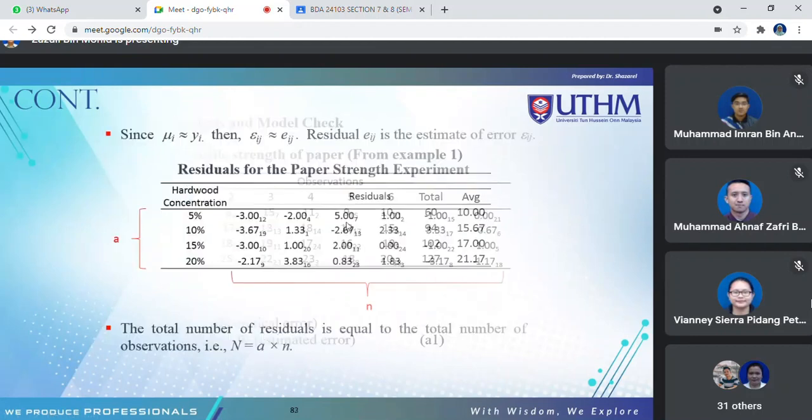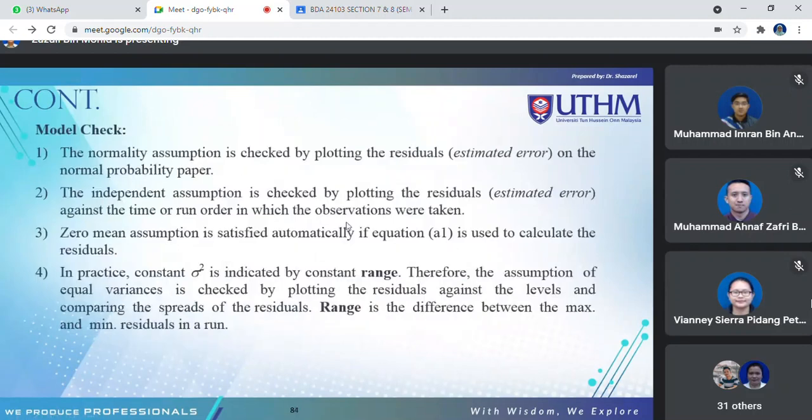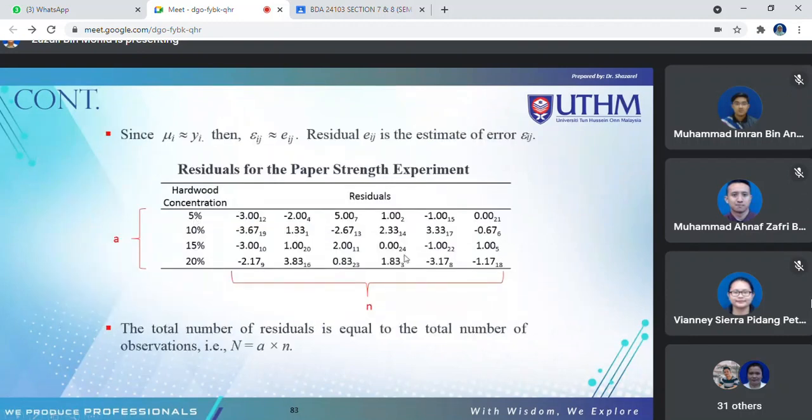The normality assumption is checked by plotting the residual, the estimated error, on the normal probability paper. The independent assumption is checked by plotting the residual estimation error against the time or run order in which the observations were taken. If you notice, we have numbers here, minus 3.012, minus 2.04.